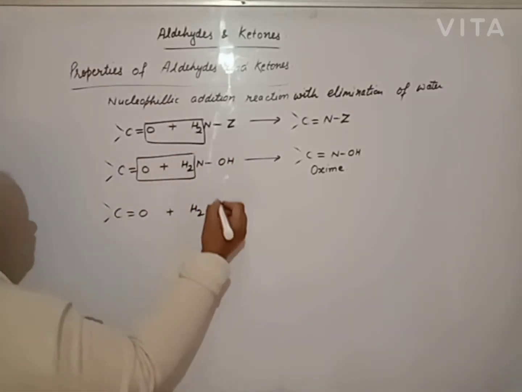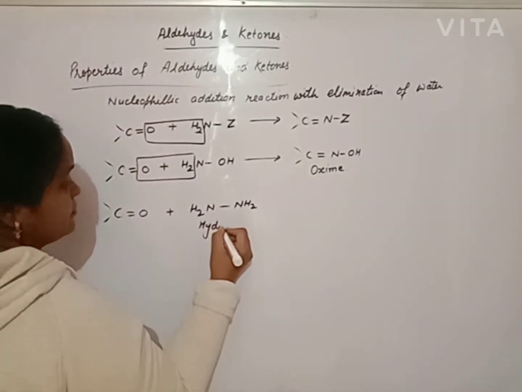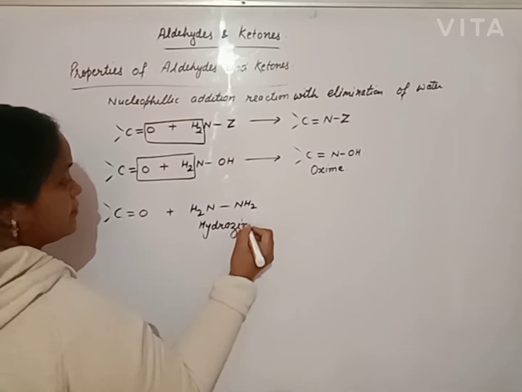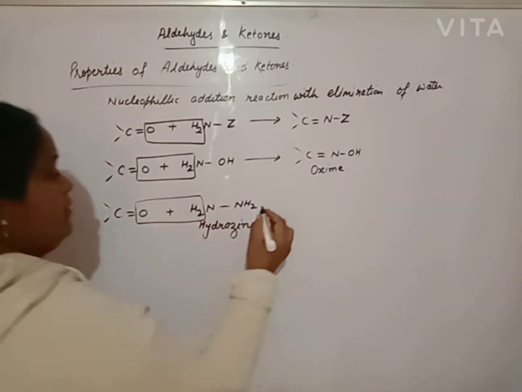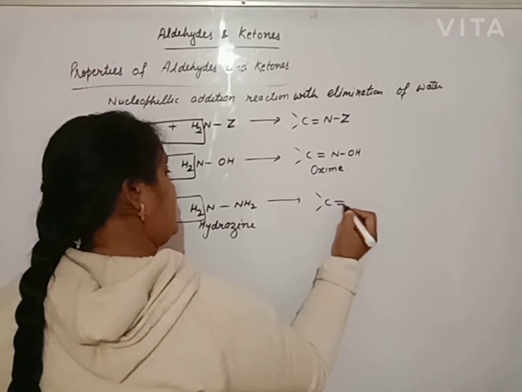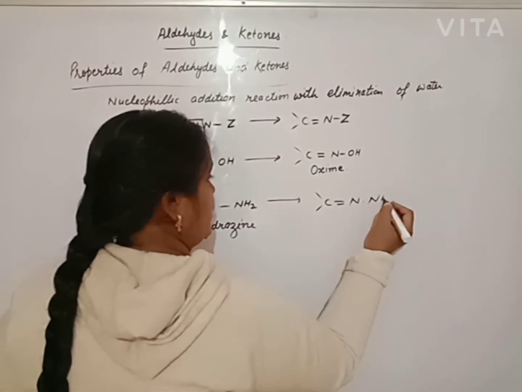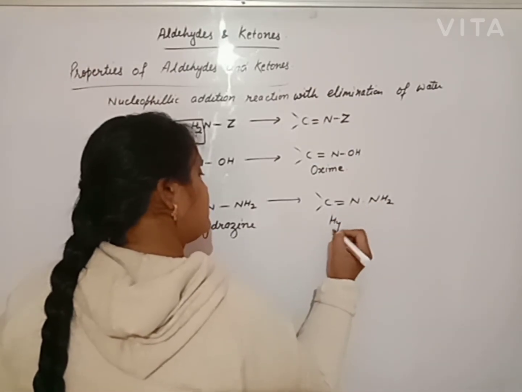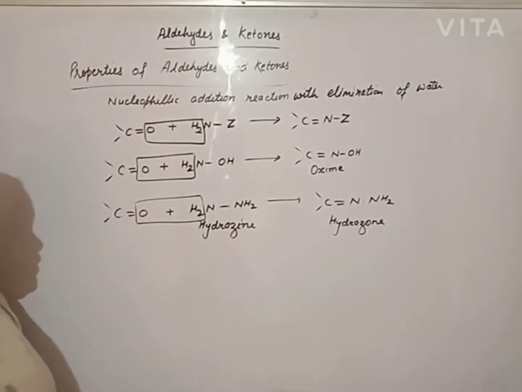In place of Z we will use an amine group. It is hydrazine. Water is removed and all the remaining part will add. This N, NH2 product is known as hydrazone.